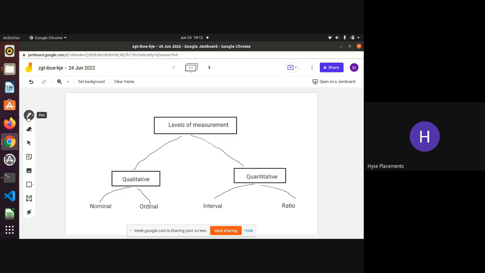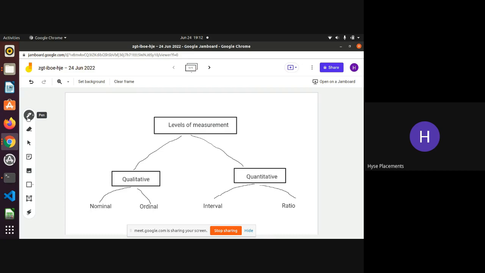Okay, again I'm repeating it. Levels of measurement is divided into two types: qualitative and quantitative. Qualitative is divided into nominal and ordinal. Nominal data is where you don't have any order for the data, and ordinal is something that can be ordered. Nominal cannot be ordered, ordinal can be ordered.